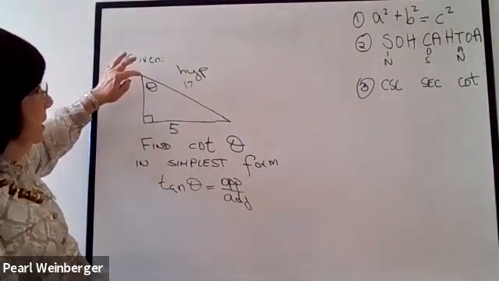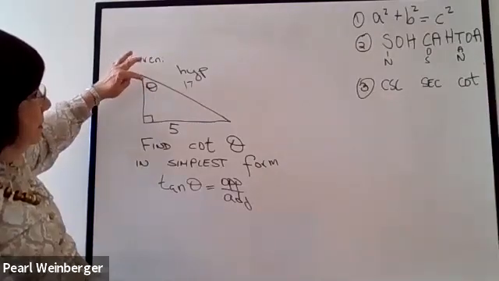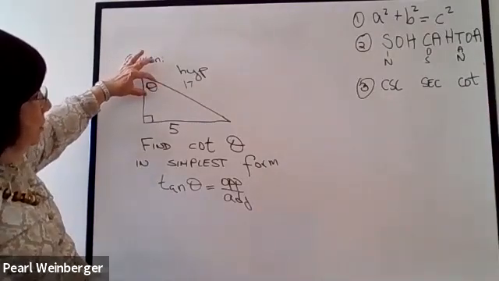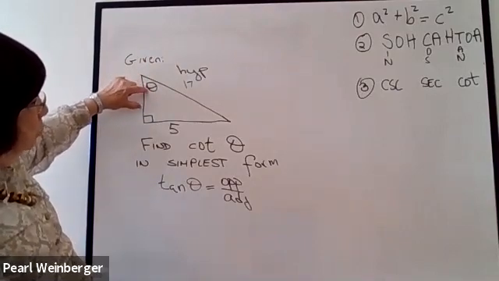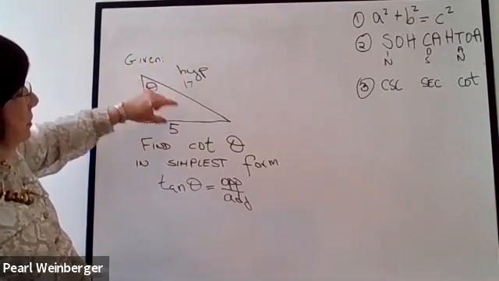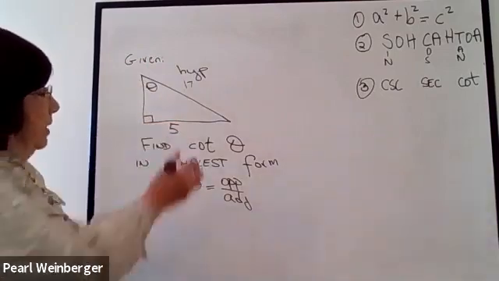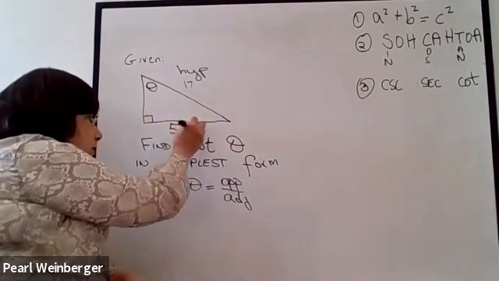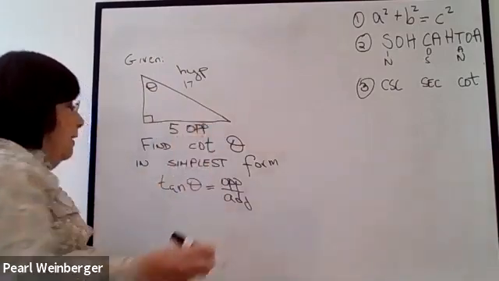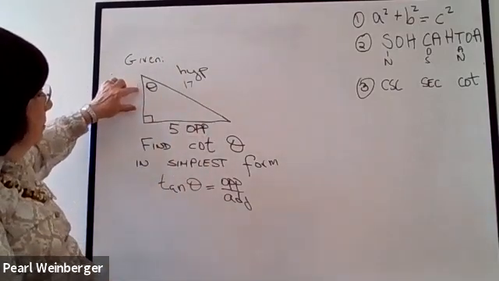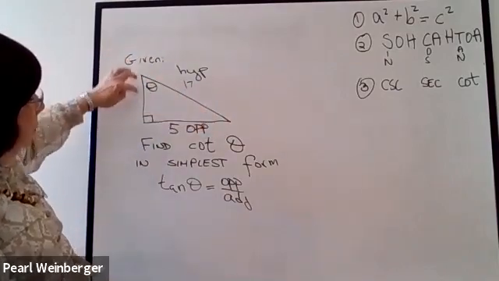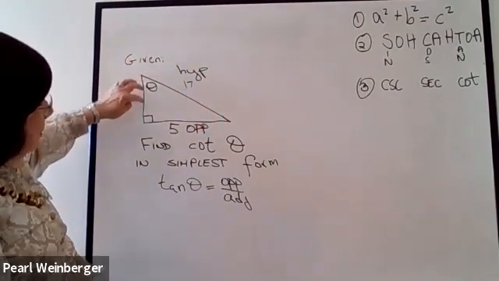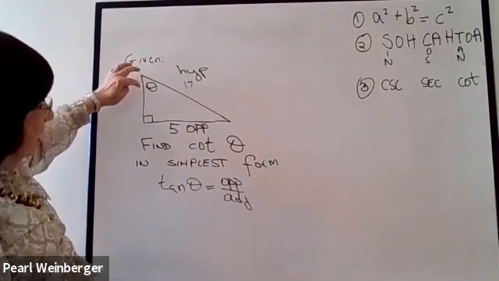But opposite and adjacent are based on their location in reference to the angle we're interested in, which is right here. Now, the one that's directly across from that, that's what's called the opposite. And the adjacent is the one that's connected to it. Of course, the hypotenuse is also connected, but we're talking about the one that's connected to the side that's not the hypotenuse.